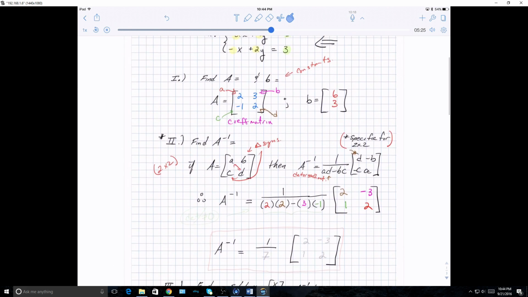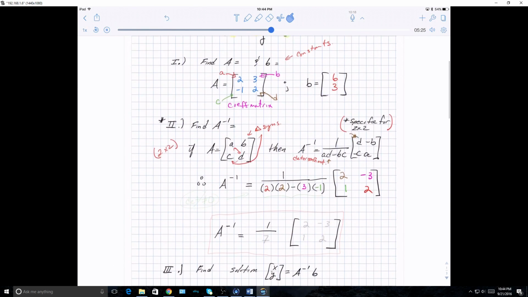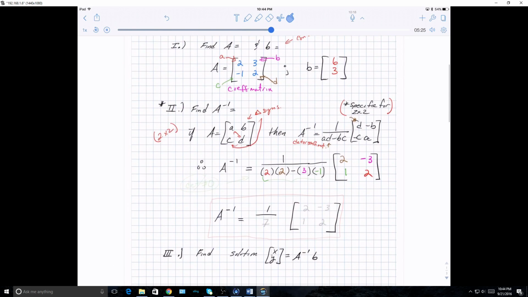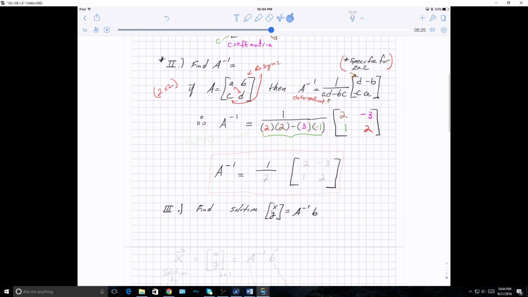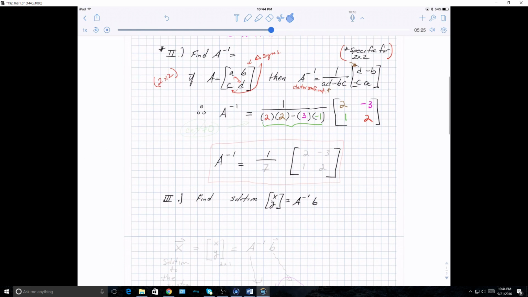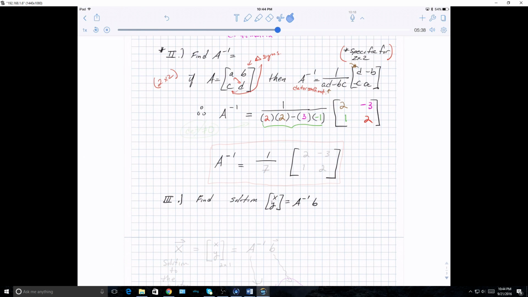So all we have to do is the computations here, and the determinant tells us whether we have a solution. The only thing you have to worry about is that the determinant cannot be equal to 0. That's no solution, but that's not the case here.